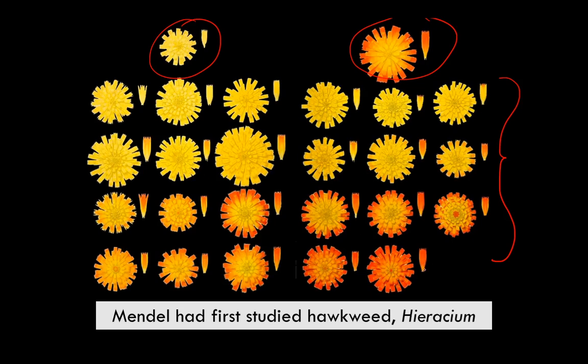So you can imagine poor Gregor being utterly perplexed by this result, if he had done it. So clearly there's something going on here which cannot be explained by a dominant versus recessive allele. And indeed, that's the case. There are other ways that alleles can work with each other than just one being dominant and one being recessive. And that's what we're going to be looking at today.